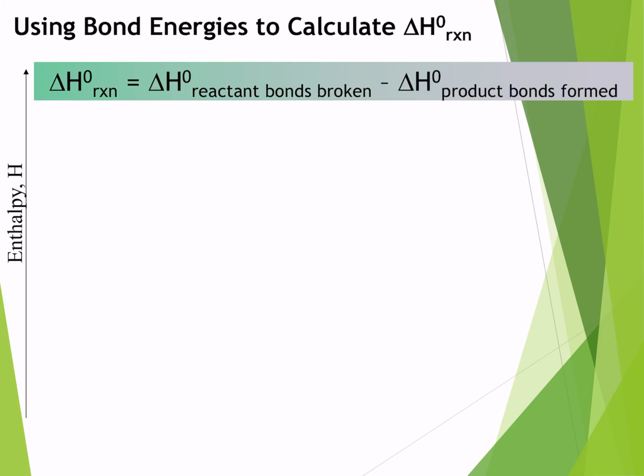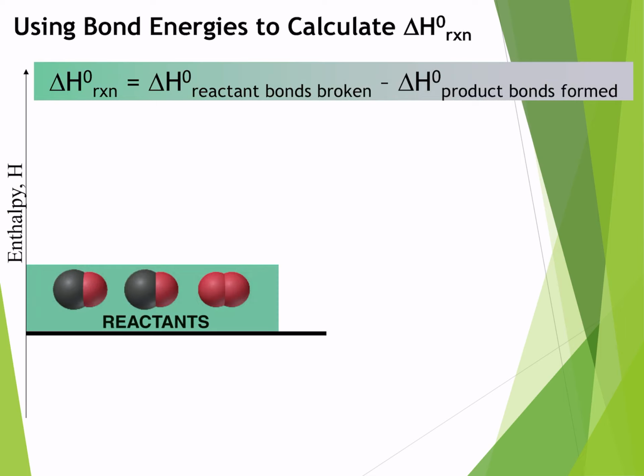So here's a general, visual way of thinking about it. Let's say that these are our reactants. During this reaction, the way that things react is they need to break the bonds that are holding them together. So we need to break this bond, this bond, and this bond. In order to break those bonds, we have to input energy.